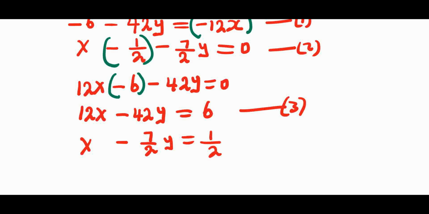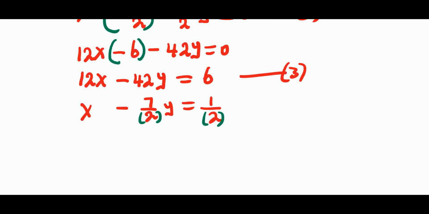Now, because we have fractions, 2 as the denominator, we can simply multiply each term of this equation by 2. So when you do that, multiply each term by 2, then this will become 2x minus 7y equals to 1. We can call this equation 4.